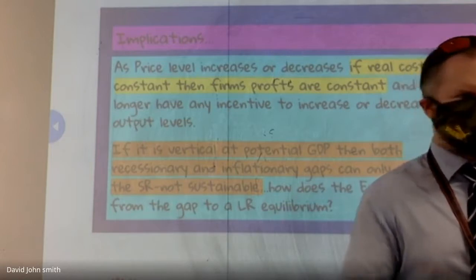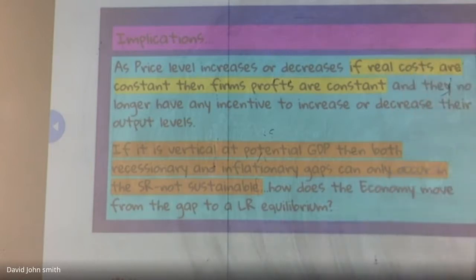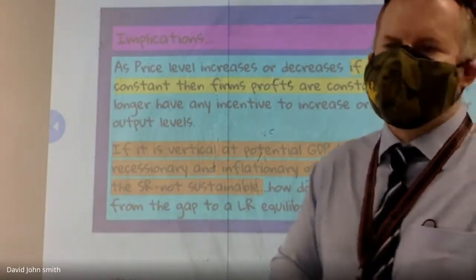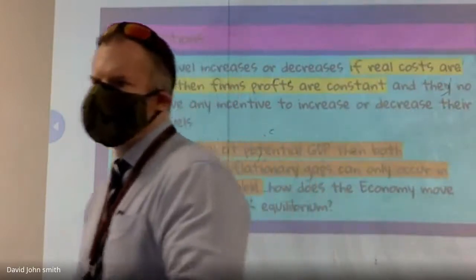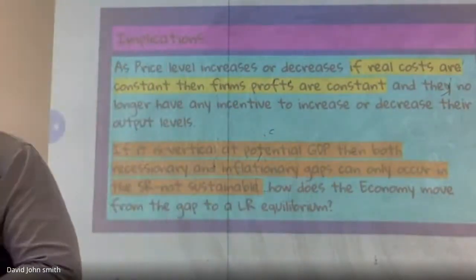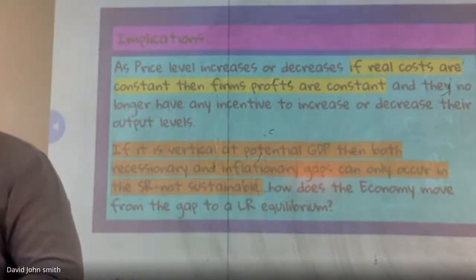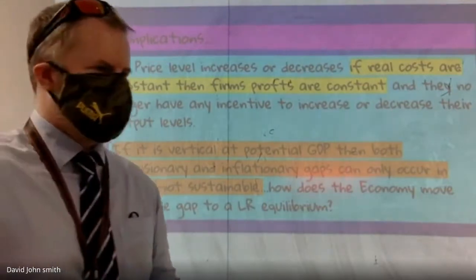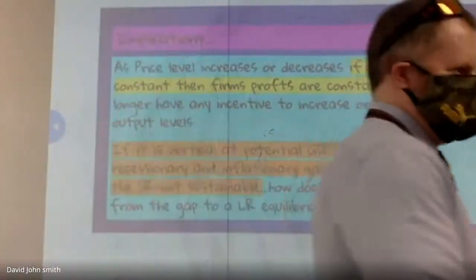Now, according to classical theory, that shouldn't be possible. That should not be possible to have a short run that is that long. So when is the long run? When does it actually happen?